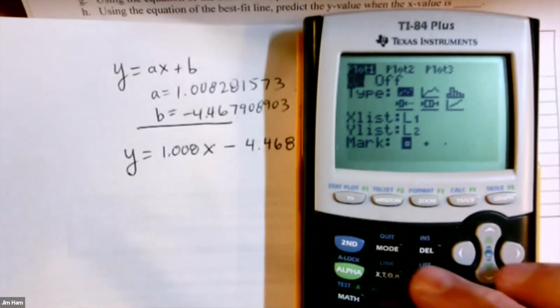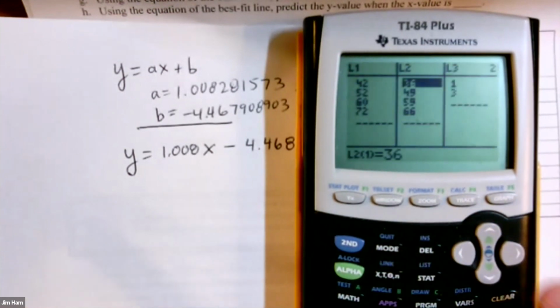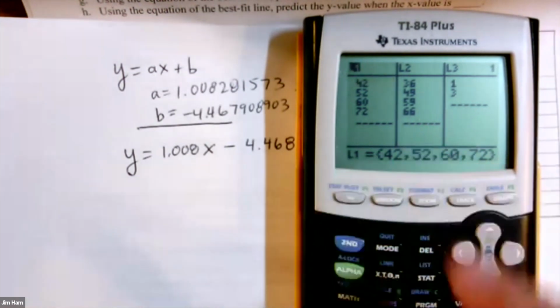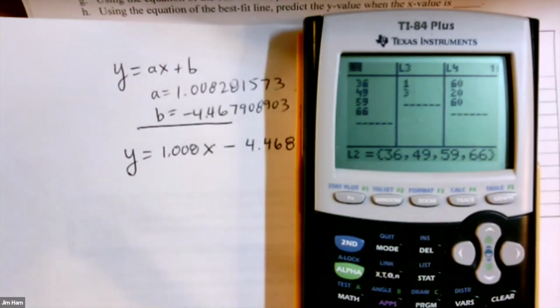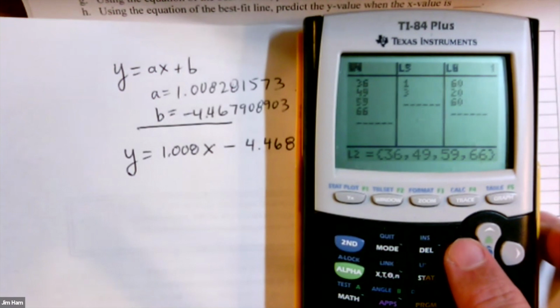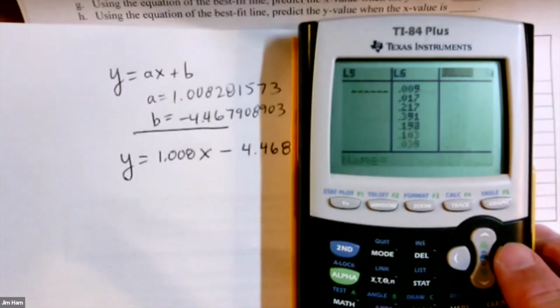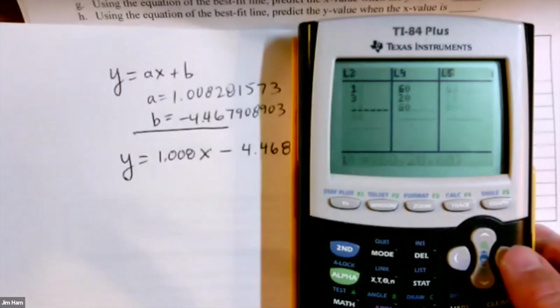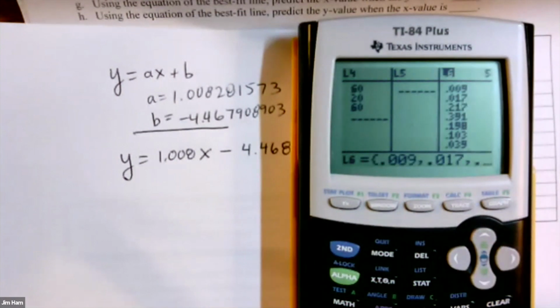All right, so here's what can happen. I come over here and I want to delete out 42 and I hit delete here. Well, what happens if I hit delete here, I don't have L1 anymore. It's gone. Looks like I deleted it. Oh no. It didn't delete it, however, it just hid it. So here's what you have to do to bring it back.